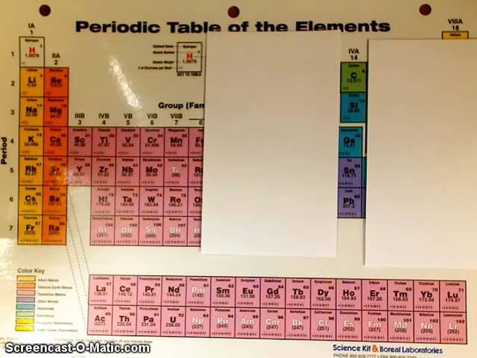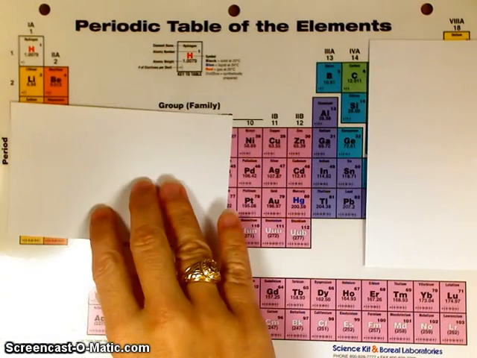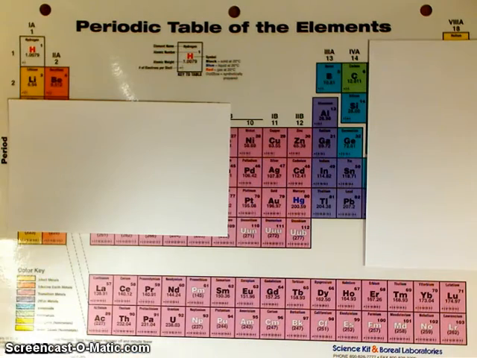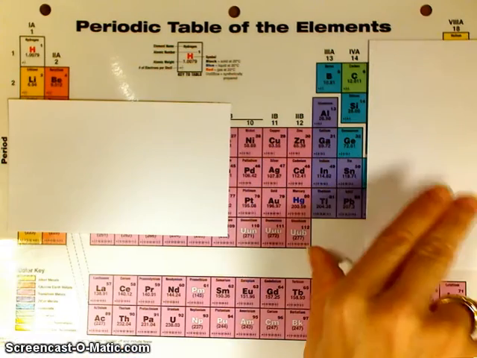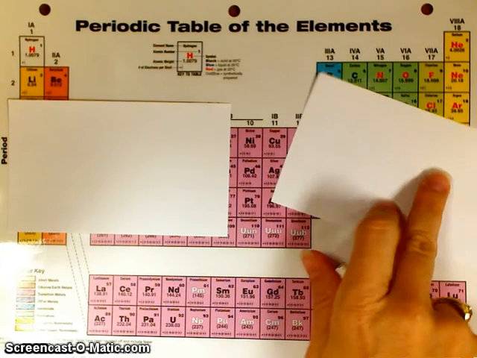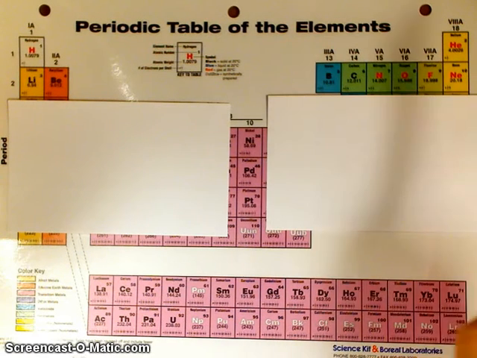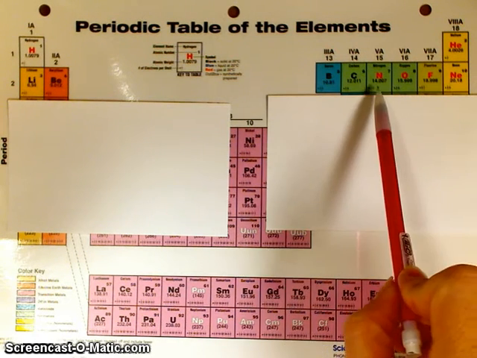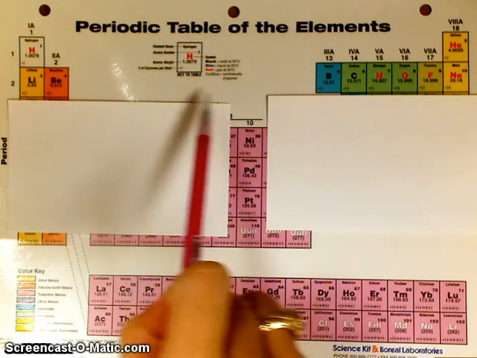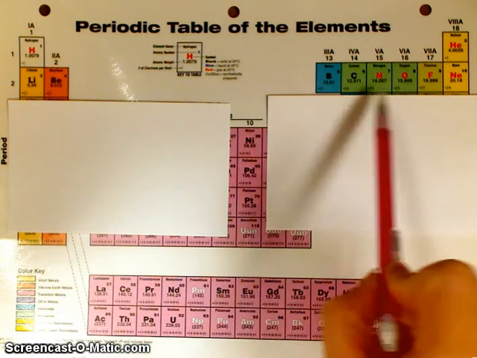Number 13, neon, nitrogen, and lithium. Okay, lithium is right here. Neon is right here. Nitrogen is right here. Notice that all 3 of them are in the same row.